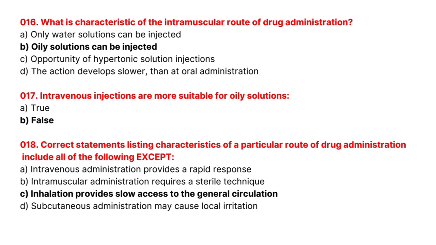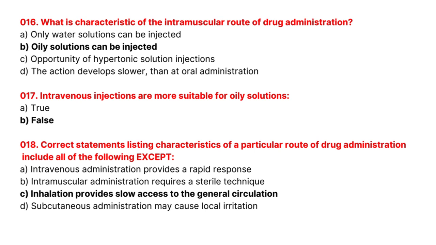A. Only water solutions can be injected. B. Oily solutions can be injected. C. Opportunity of hypertonic solution injections. D. The action develops slower than at oral administration. Answer is B. 017. Intravenous injections are more suitable for oily solutions. A. True. B. False. Answer is B.